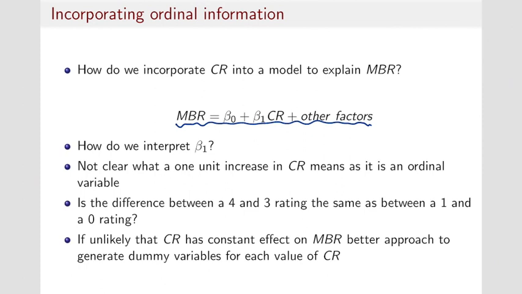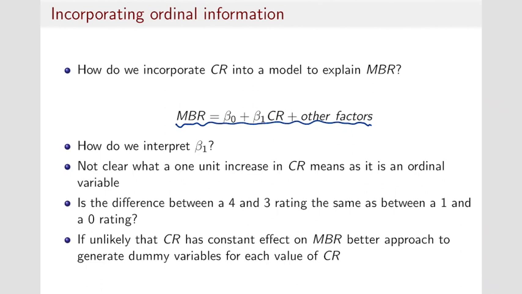But it's not clear what a 1 unit increase in CR means, as it is an ordinal variable. Is the increase from a 3 rating to a 4 rating the same as the increase from a 0 rating to a 1 rating?